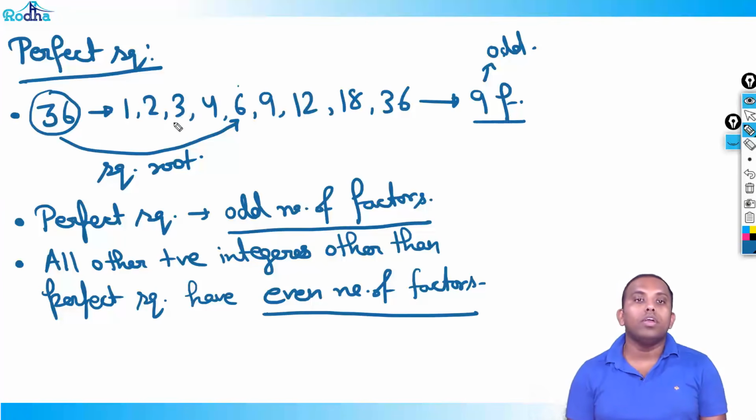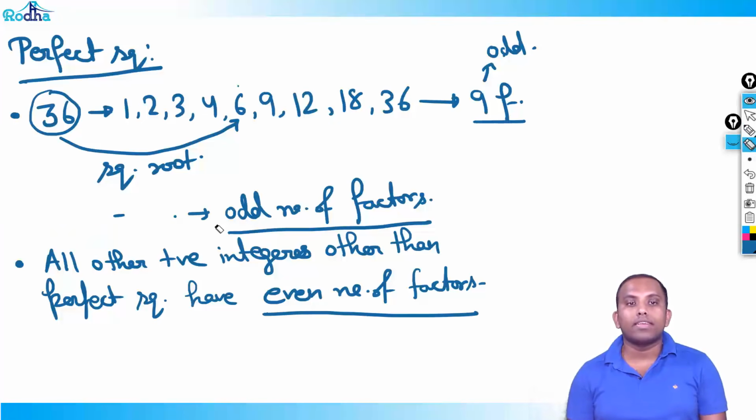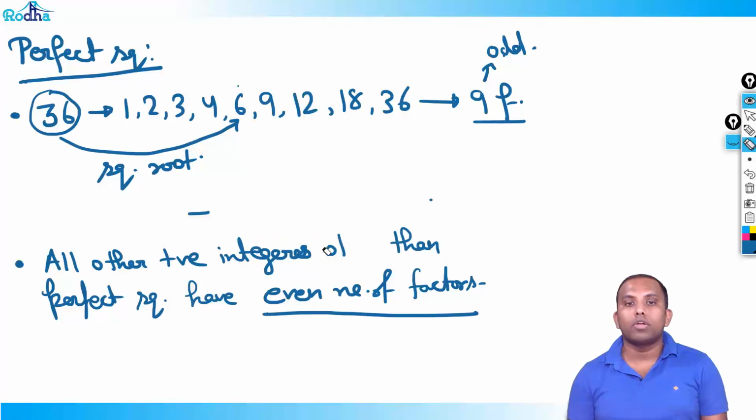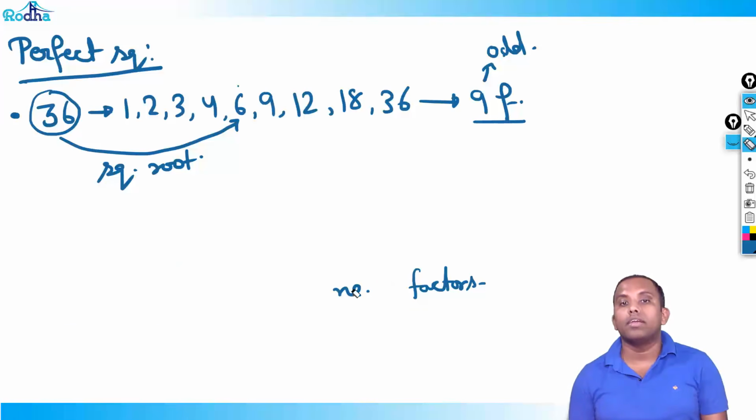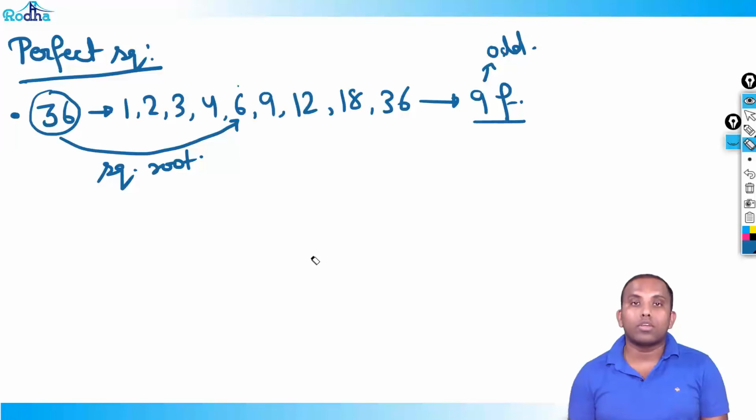So if I ask you in how many ways 36 can be written as a product of two of its factors, you'll have one doubt in your mind: what to do about this 6 term? Do I need to do 6 into 6 or not?